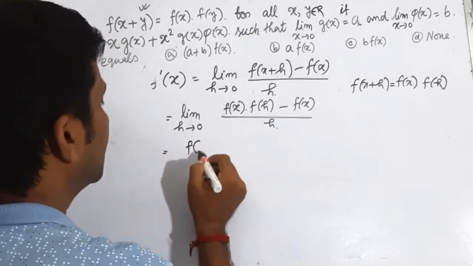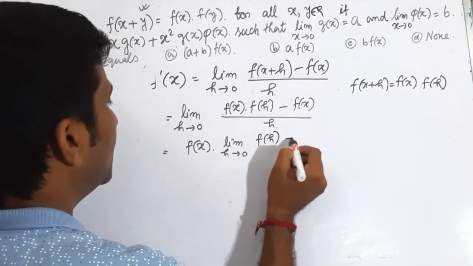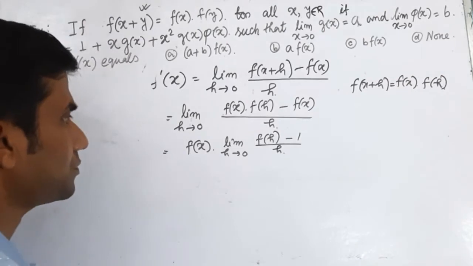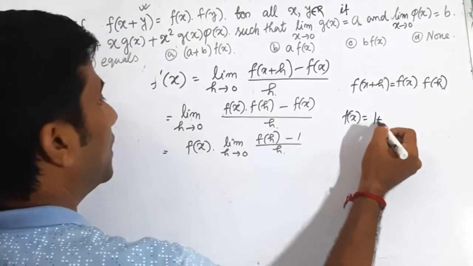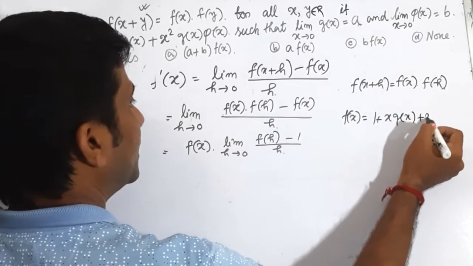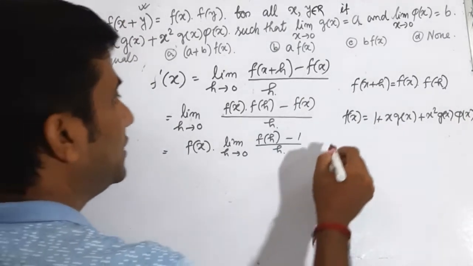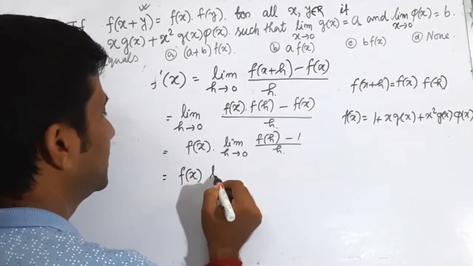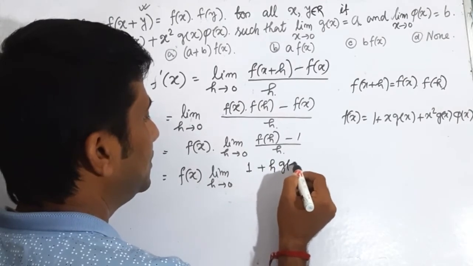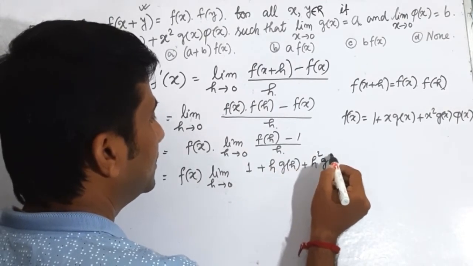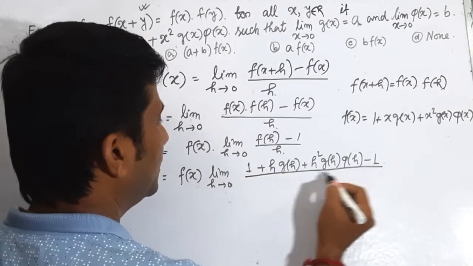Now taking f(x) as common, we get limit h tends to 0 of [f(h) − 1]/h. It is given that f(x) = 1 + x·g(x) + x²·g(x)·φ(x). So f(h) means 1 + h·g(h) + h²·g(h)·φ(h), minus 1, by h.